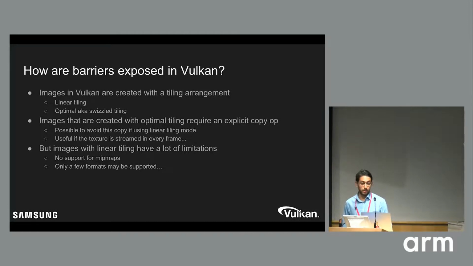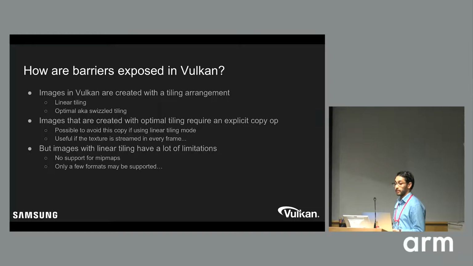Images that are created with an optimal tiling arrangement require an explicit copy, since you're actually copying the data from either a buffer, which is in a linear arrangement, or an image in a linear arrangement to optimal. It's possible to avoid that copy if you're using linear, and that can be useful in some cases where you're dynamically updating the image every frame or something.